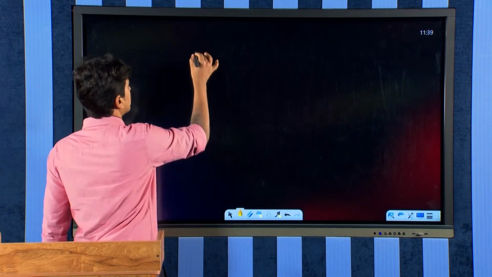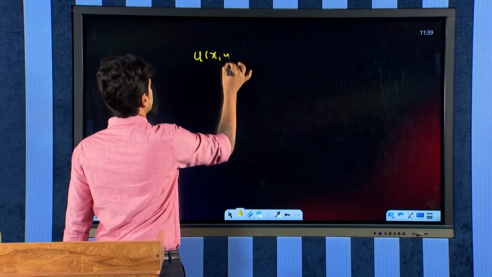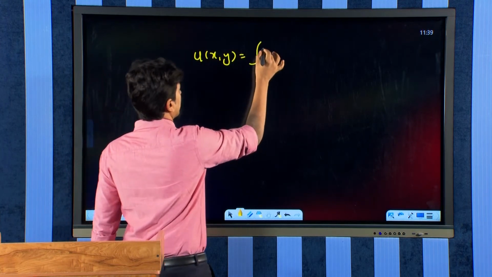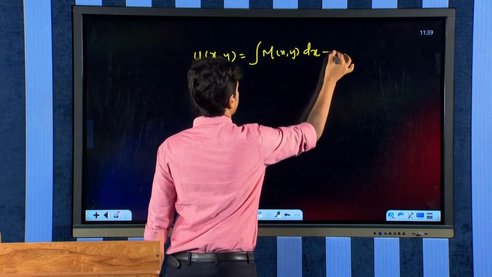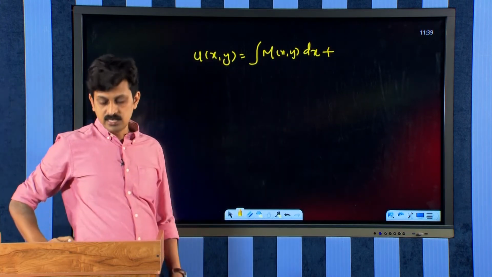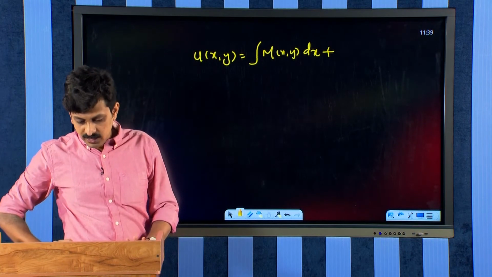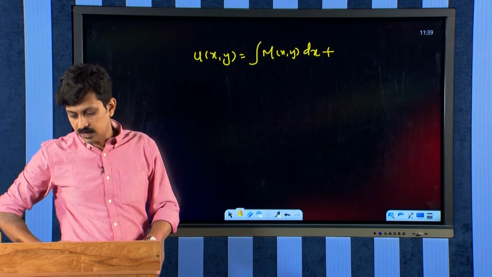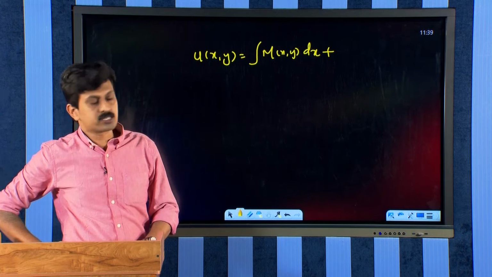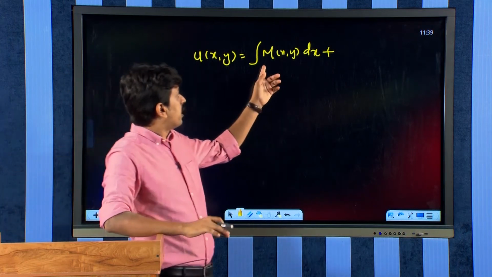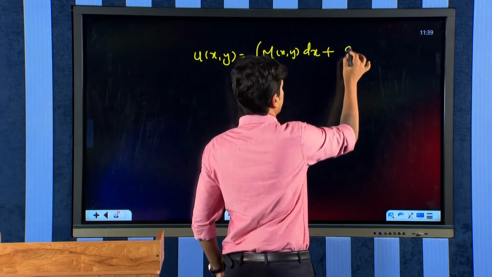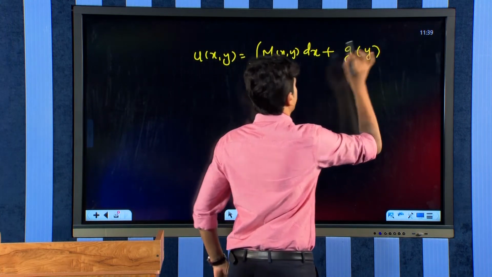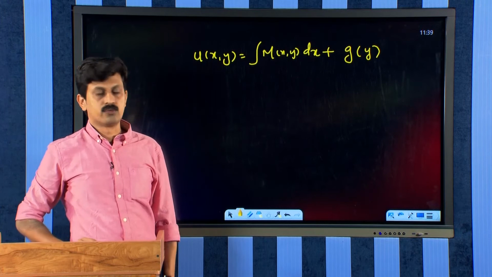The solution u of x y is equal to the integral of M of x y dx plus a constant of integration. Here we are integrating with respect to x, therefore the constant of integration is a function of y, g of y.